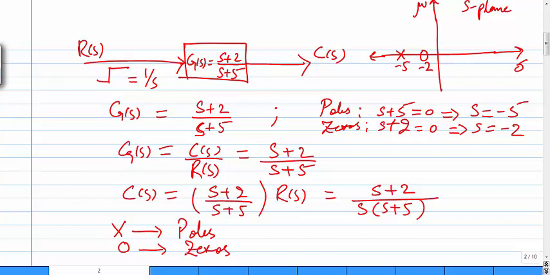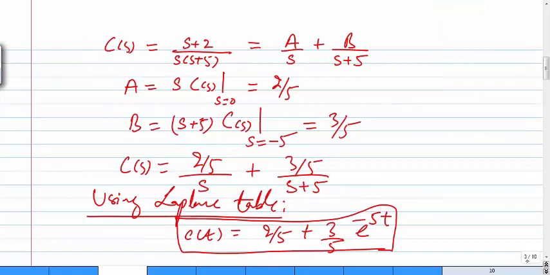Now for time response, because response is also known as output, a transfer function, as you know, is the ratio of output to input. To calculate the response or output, we have to write the frequency response of the output. That becomes C of S, that is the transfer function multiplied by the input.